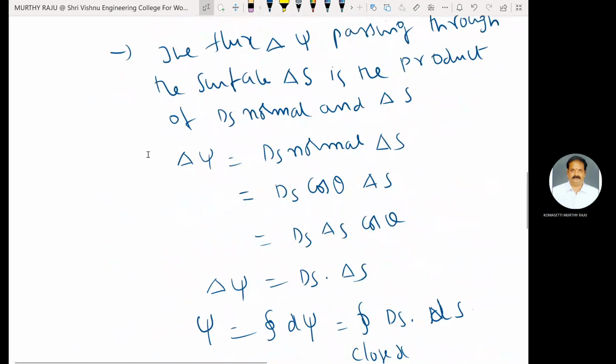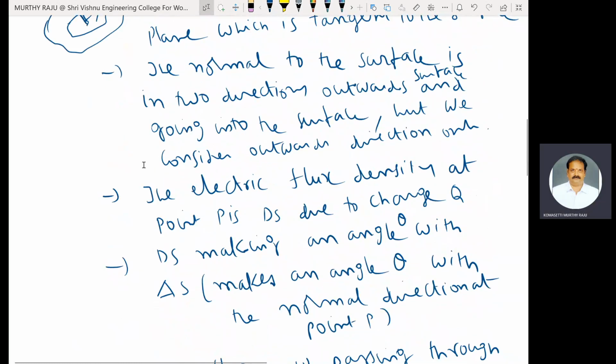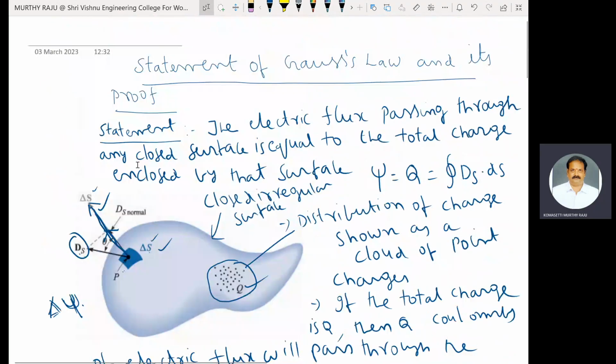This is the statement of Gauss's law: the electric flux passing through any closed surface. This entire one is the irregular closed surface.